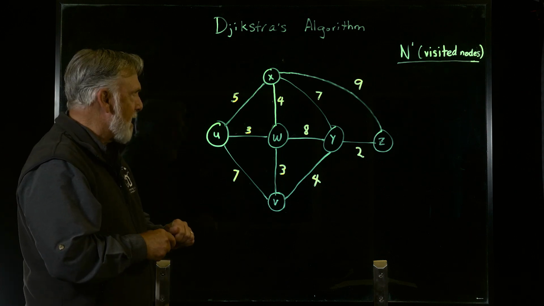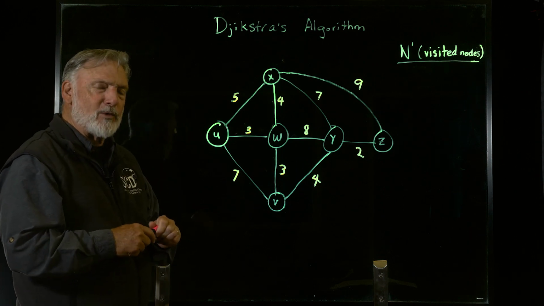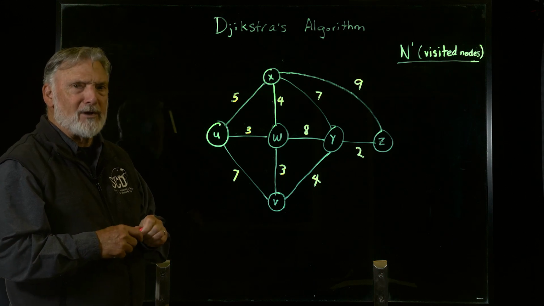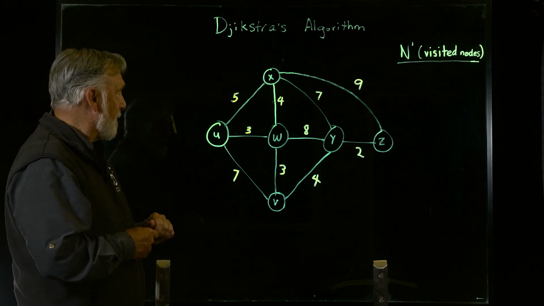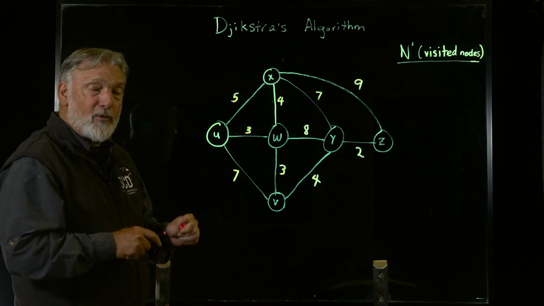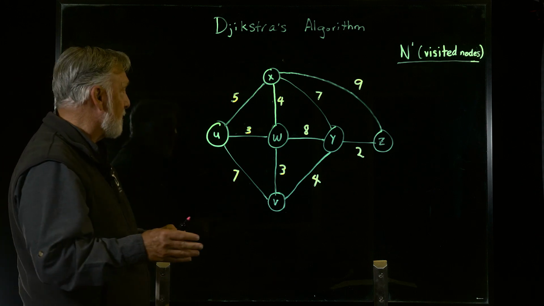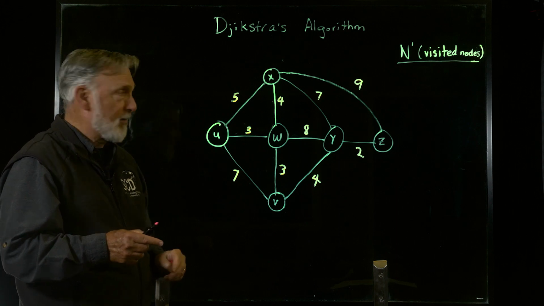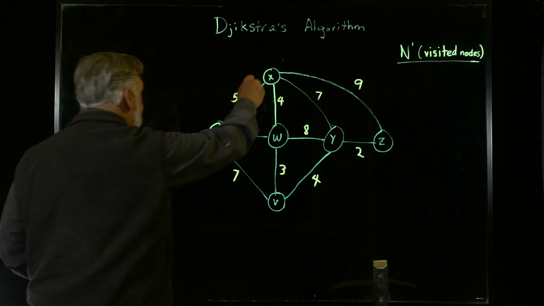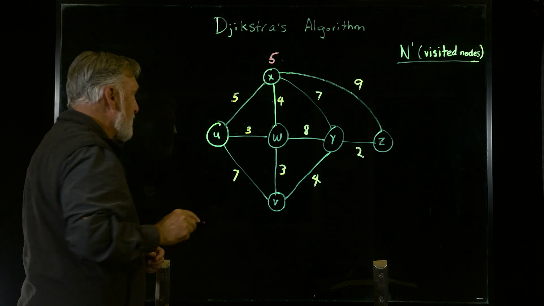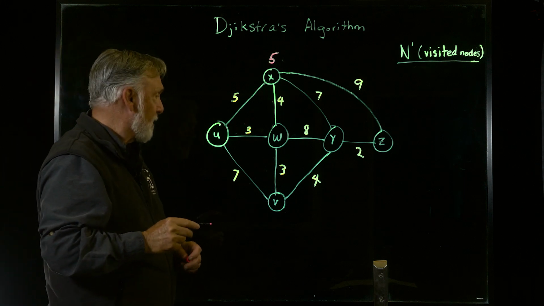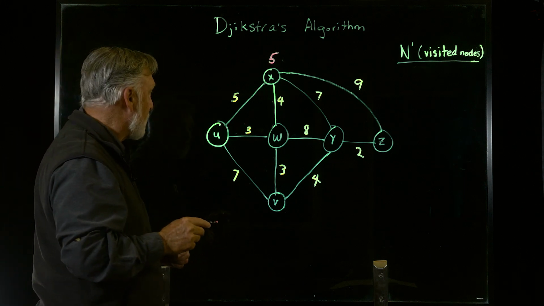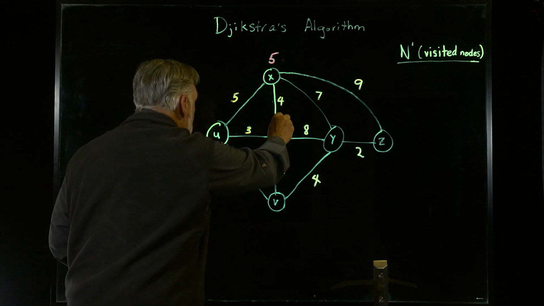We're going to put down a tentative distance to each of the nodes based upon what we know right now. The first thing is, for the directly connected nodes, X, W, and V, we know the cost right away. We can just look at the chart and see. Tentative distance to X is 5. The tentative distance to W is 3.